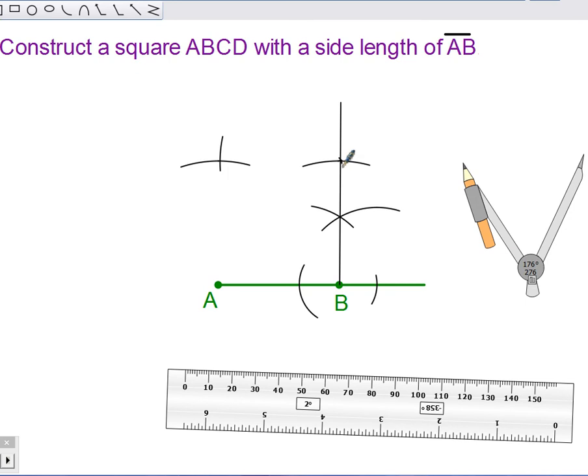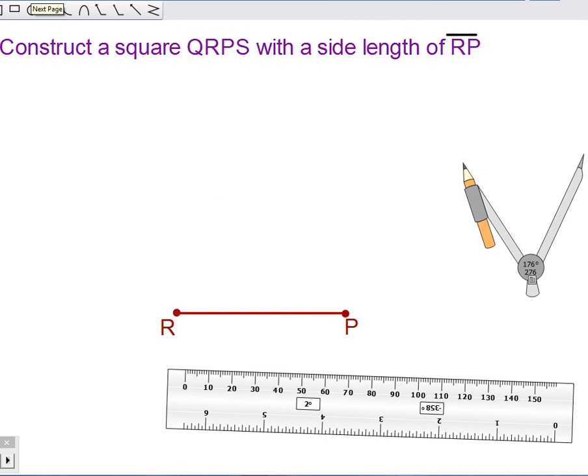So I'm going to call this C. And then from C, I want to mark off to get that intersection so I can find my D. All right. Then I can connect those dots and make my square. So when I made this here, this was a 90-degree angle. Okay. All right, so squares maybe are a little more complicated, so we want to practice that.